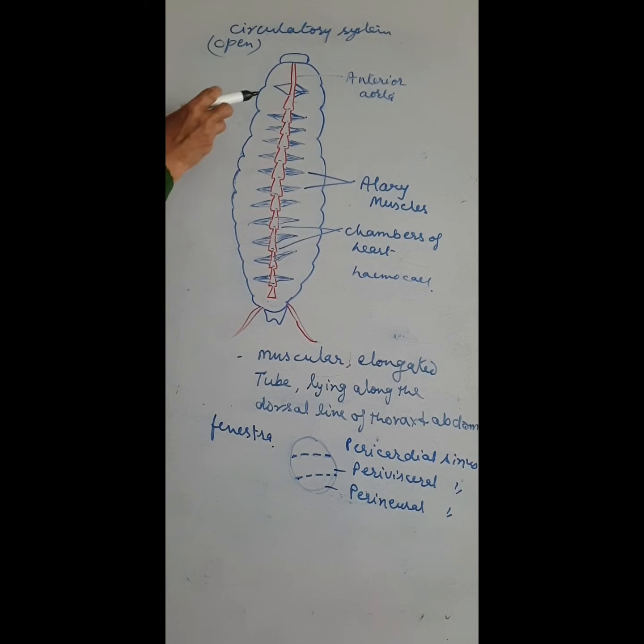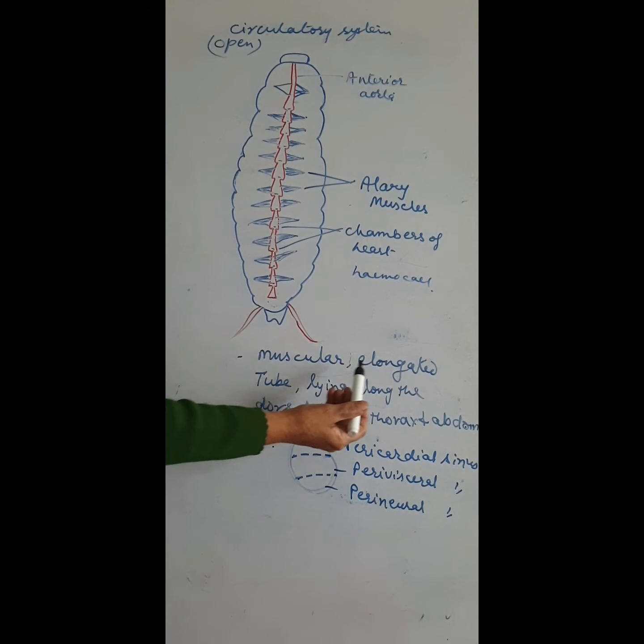The first 3 chambers are in the thorax: the prothorax, the mesothorax, the metathorax, and the 10 remaining are in the abdomen. So 13 chambers are there, 3 in the thorax and 10 in the abdomen.